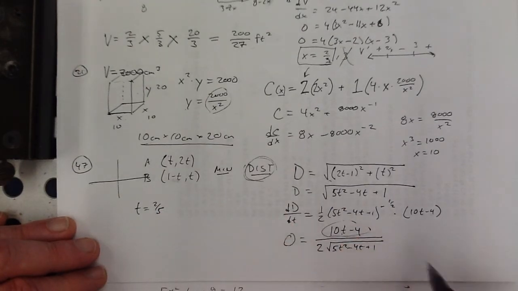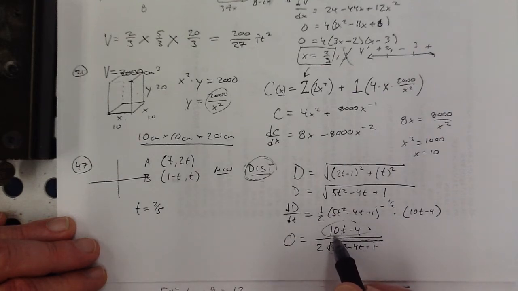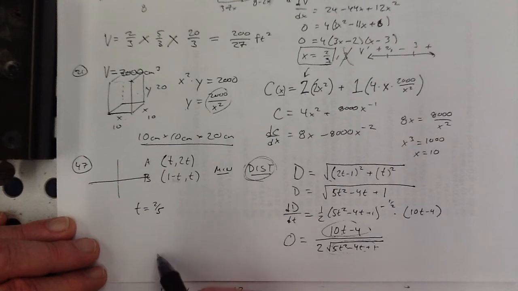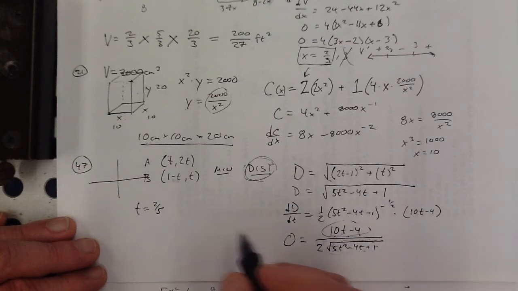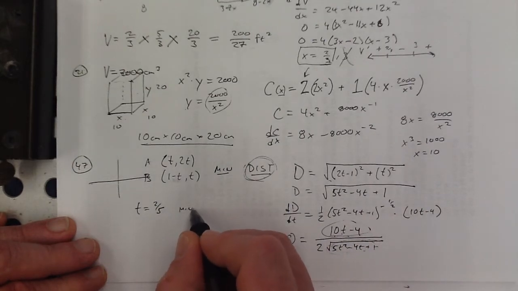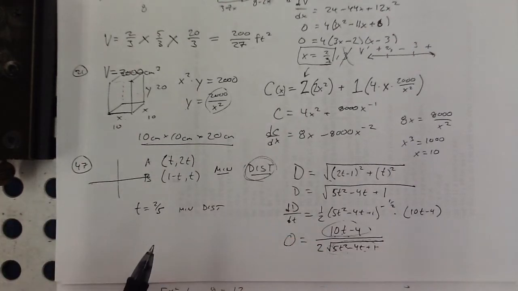And we would just need to check that this is always going to be positive. So at 2/5, that is going to go from negative to positive. And if the derivative is going from negative to positive, that means this is a minimum distance. And I think that's what we're looking for, isn't it?